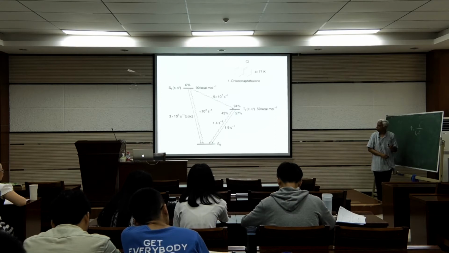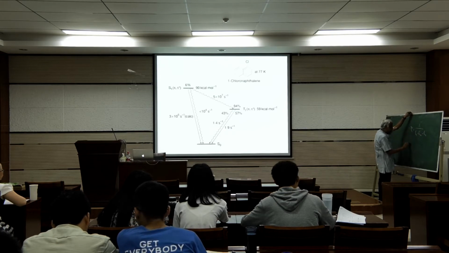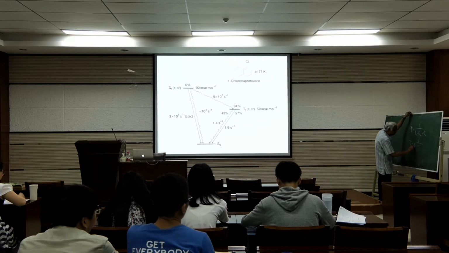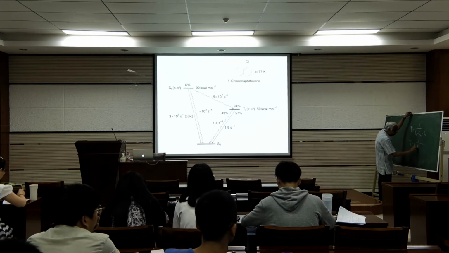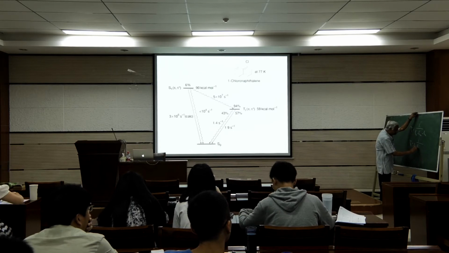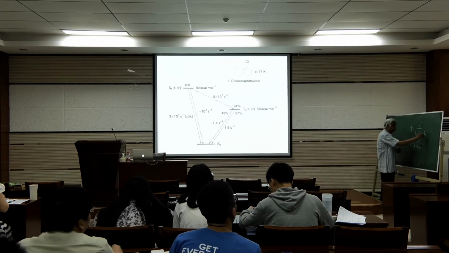They don't have a name for this one. This is for the singlet, and for the triplet it will be like this: 1 over K phosphorescence, K of the triplet going to the singlet, and then these two. Okay, there are only 2 things, and then there is always a reaction.